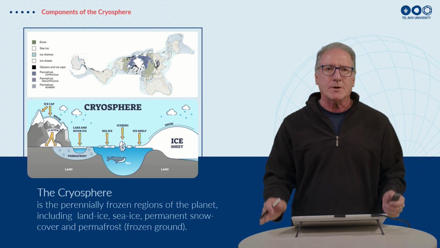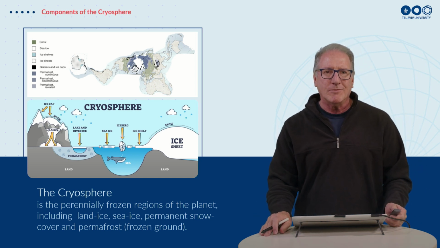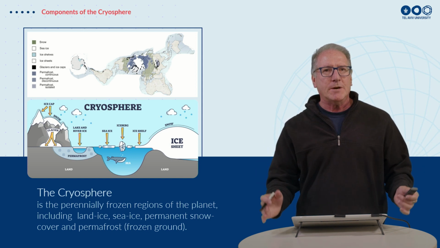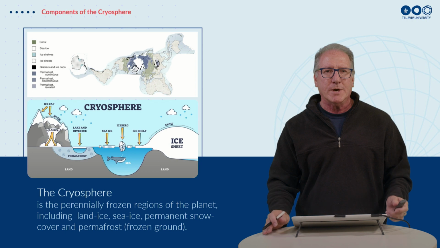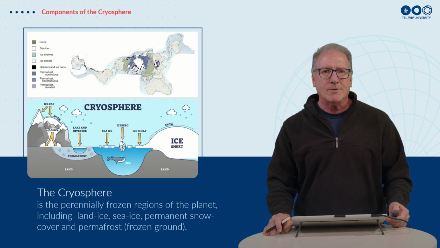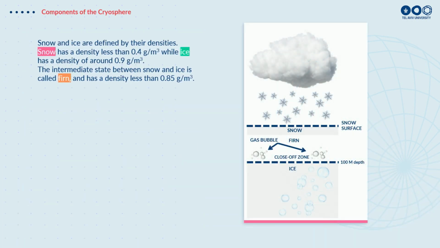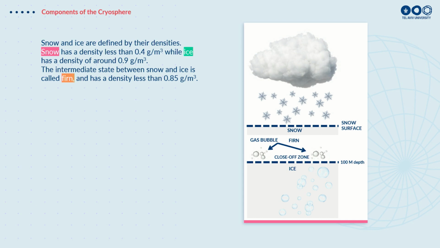And so the water in the ground is also in the form of ice. So all of these areas of the planet which are frozen perennially throughout the year, we call the cryosphere.